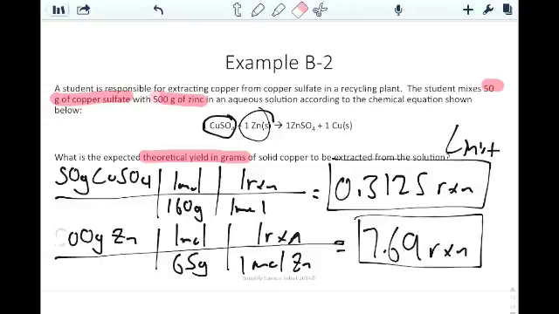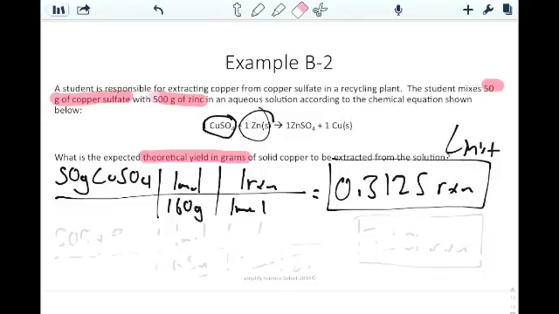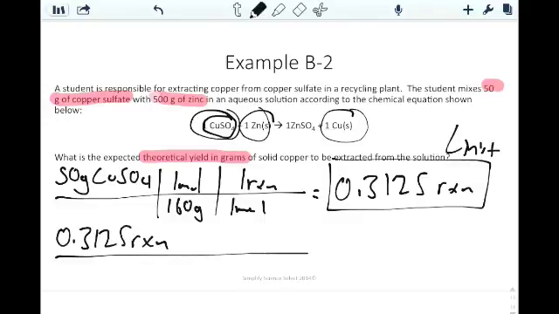So we can get rid of the zinc because we really don't need it in this problem, and let's go ahead and find our theoretical yield. We want to find it of solid copper. So it's a 1-to-1, and we'll start with our 0.3125 in a reaction. One reaction has 1 mole of our copper, and then to take it from moles to grams, we just use our molar mass.